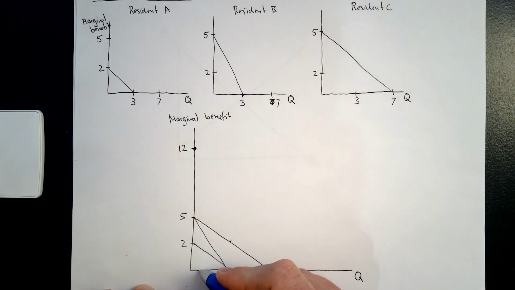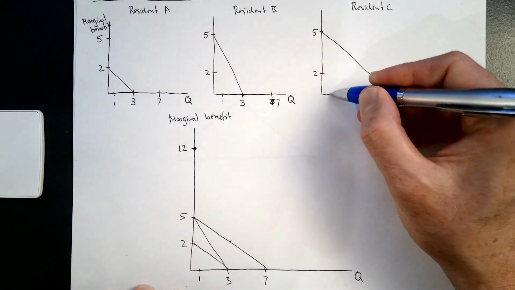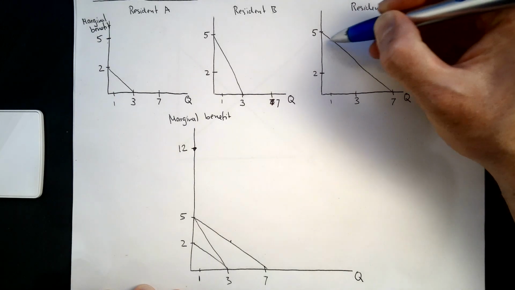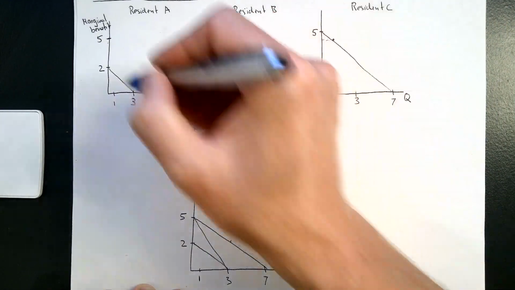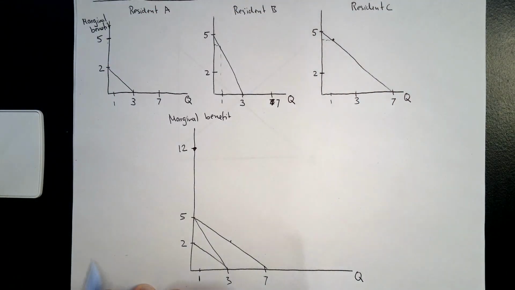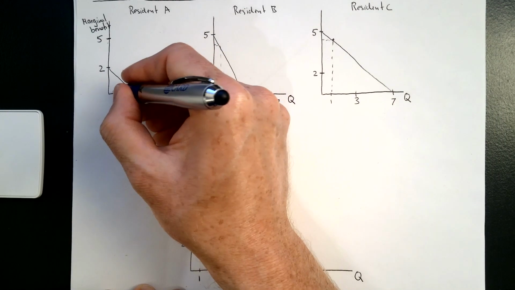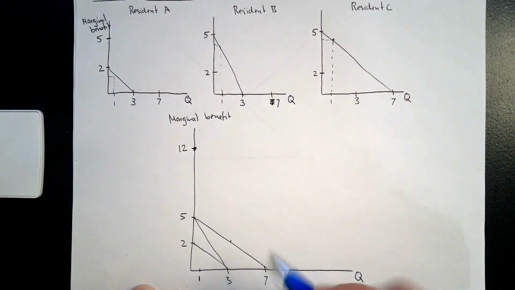And then if you're looking at the first unit provided, there is a marginal benefit for all 3 residents from that single unit. Everybody benefits from that single unit.